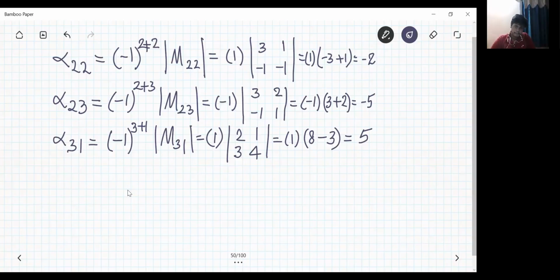Minus is in the formula. Yes, sir. 5. So what is alpha 3 2? Sir, finding it. So how did you get 11? Sir, I added the plus sign. Now how can you simply add? I forgot the formula, sir. I forgot the minus sign.